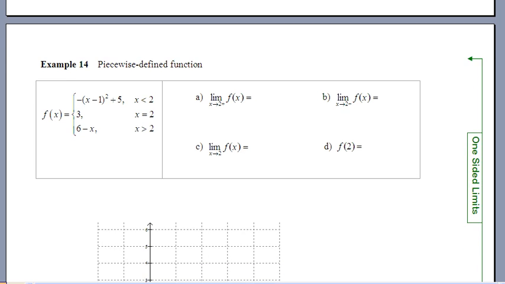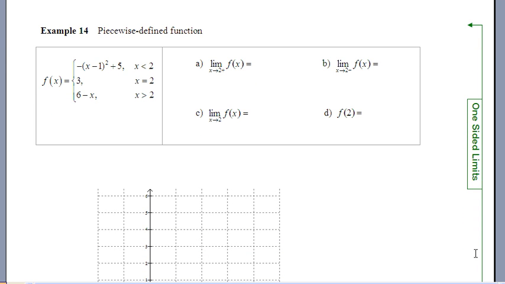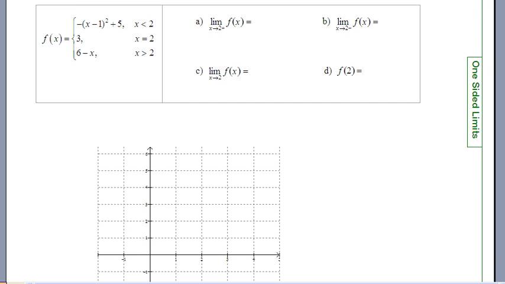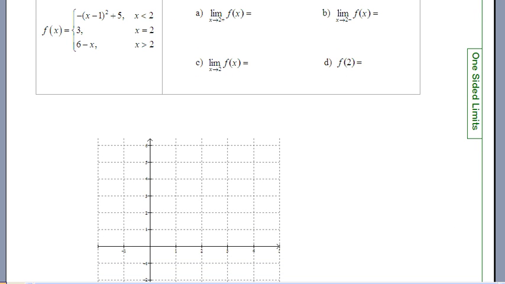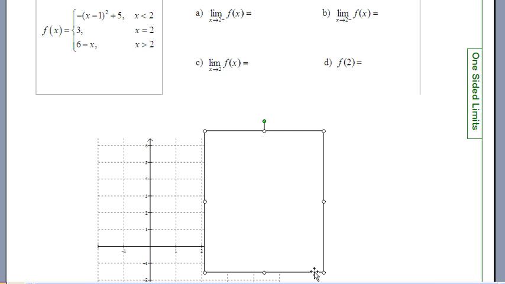So number 14. Got this piecewise defined function. I might use my graphing calculator to help me out. I'm going to draw one picture up until 2 and not even quite at 2. So before that box, I perhaps use my graphing calculator and say, hey, help me out. And it says, oh, it's a parabola. It's upside down.